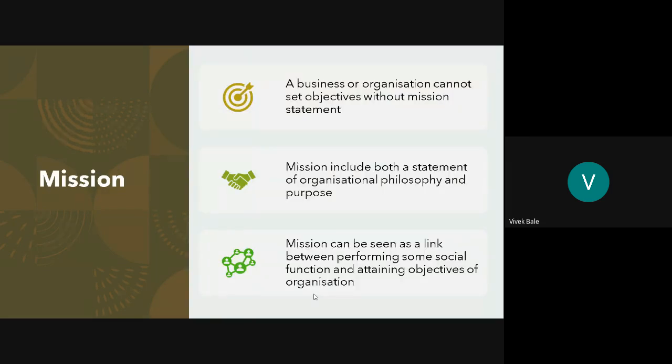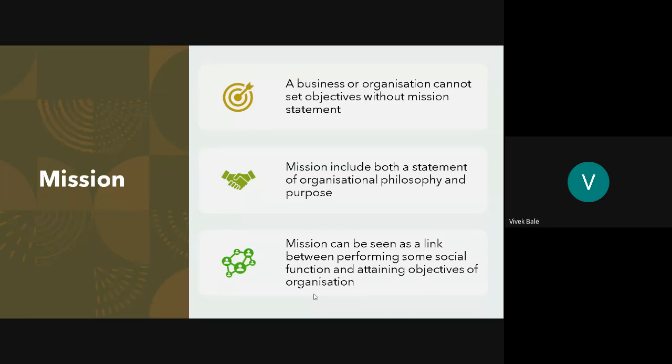After the goals of the company are set, the second thing while formulating the strategy is mission. Mission is, like we can say, a target that the company wants to achieve. Many times you may have read or heard some of the mission statements of companies.